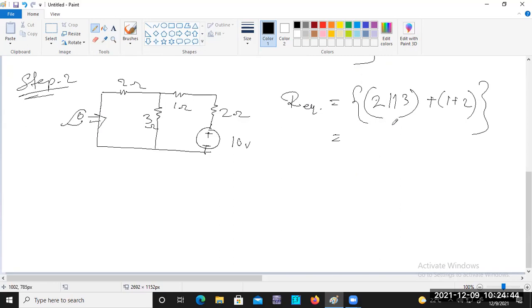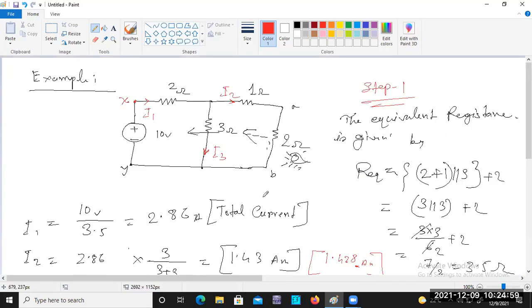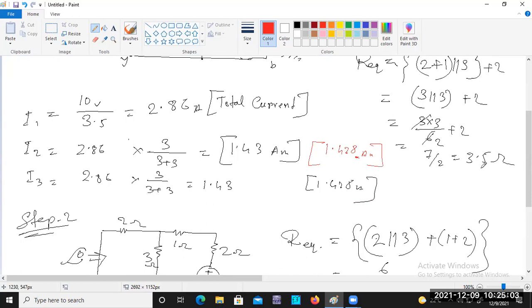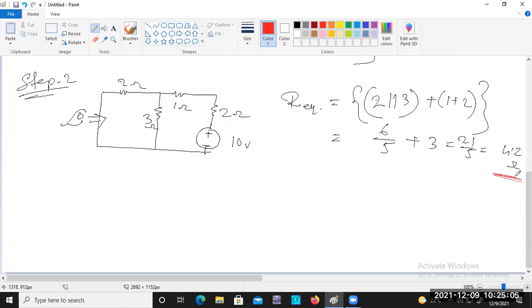So the equivalent resistance is 6 by 5 plus 3 equal to 21 by 5 equal to 4.2 ohm. Remember this equivalent resistance is changed. Here the total equivalent resistance was 3.5 ohm, but here it is 4.2 ohm.